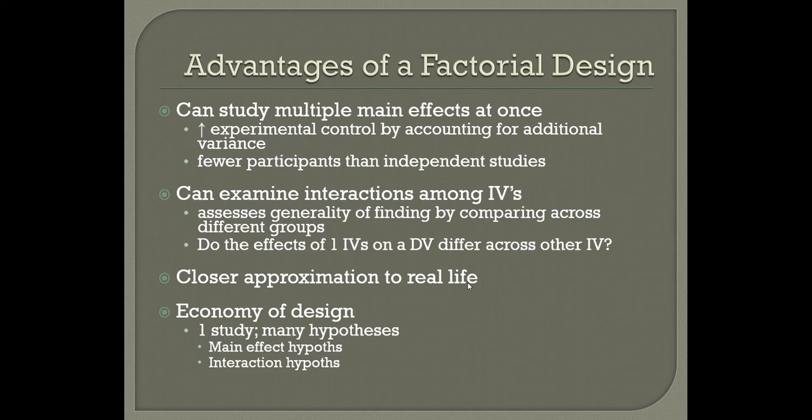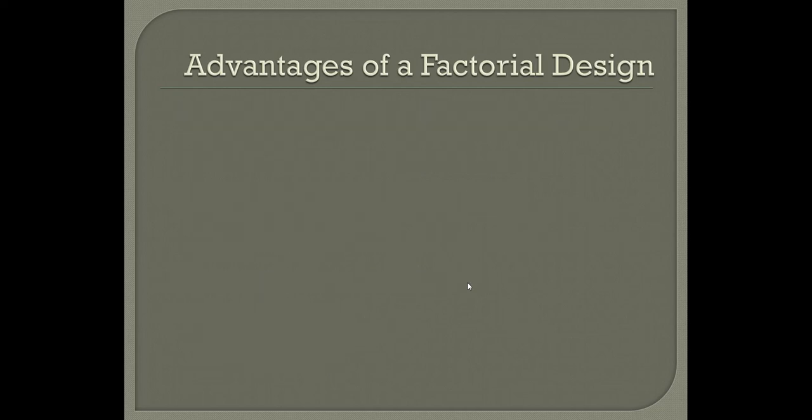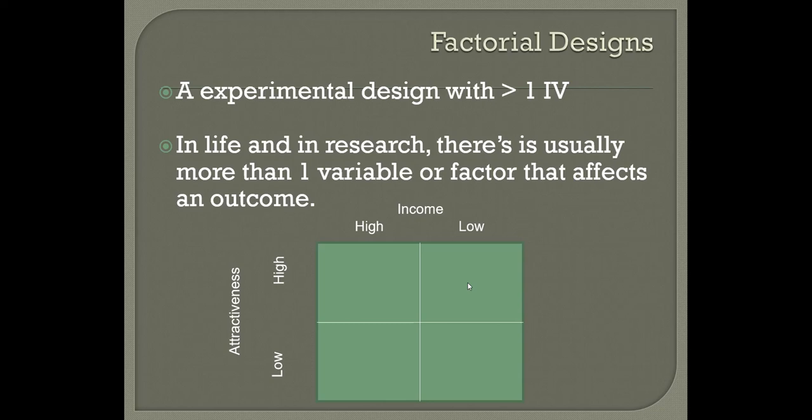Probably more importantly, we can examine interactions among the independent variables. By interactions, what we basically mean is, does the effect of one independent variable on an outcome depend upon, or is it contingent upon, the level of another independent variable? Going back to our previous example, does the effect of physical attractiveness on likability depend on income?